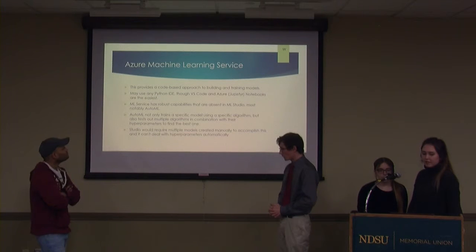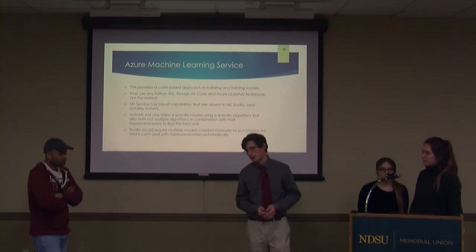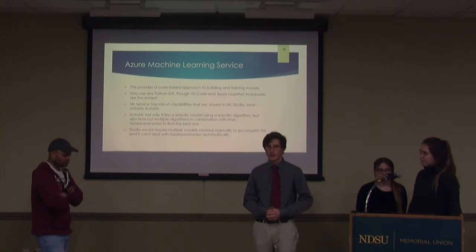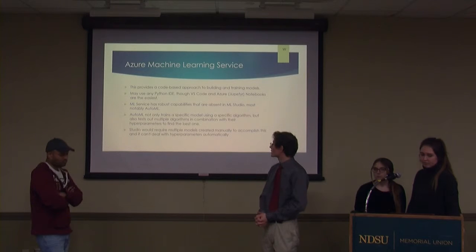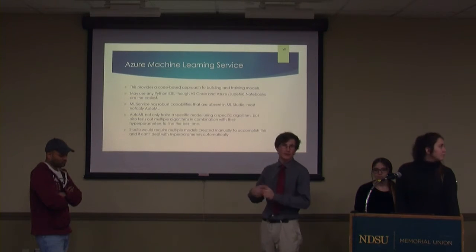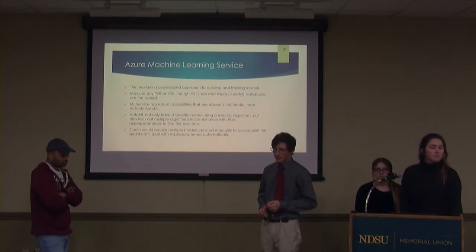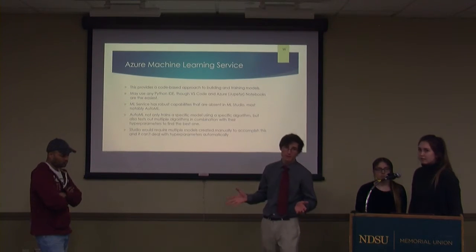So one notable divergence between Service and Studio is that Service has a library titled AutoML. So essentially machine learning iterates through this algorithm that determines how to adjust the parameters of the model we're trying to train.